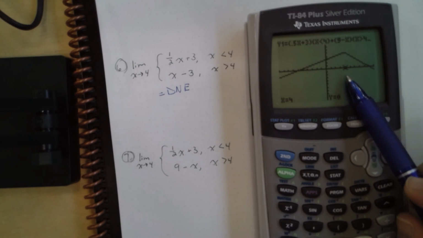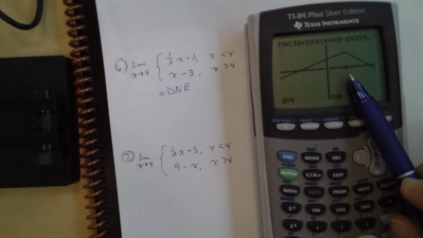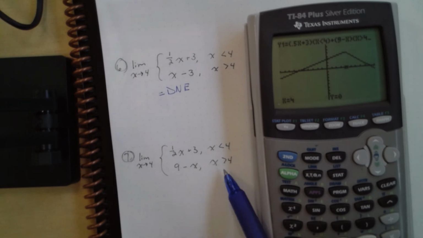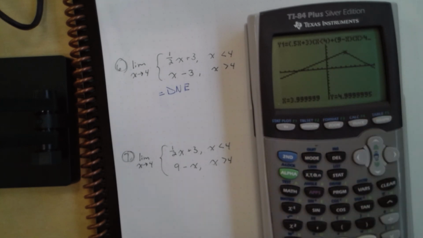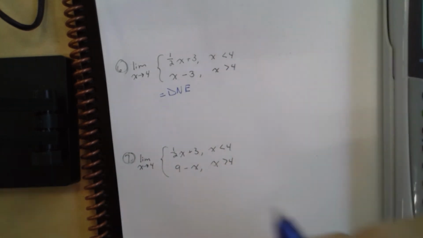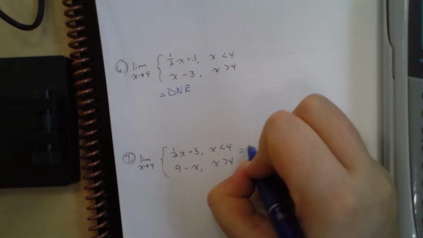And I have 0 again. Again, we know that that cannot be the limit. That cannot actually be accurate because we don't have an equal sign underneath our less than and greater than symbols here. So what's our limit going to be? We again trace 3.99999. We get about 4.99, about 5, and 4.0001, 4.9. It looks to me like we're going to be very, very close to 5. So our limit is 5.